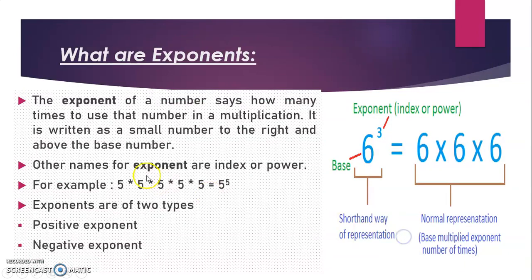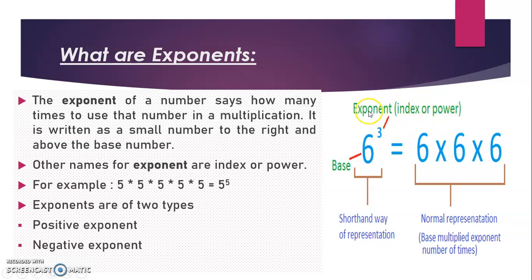Let's study what exponents are. The exponent of a number says how many times to use that number in a multiplication, with itself only. If we have 6 raised to the power 3, this 3 becomes the exponent, also called the index or power.